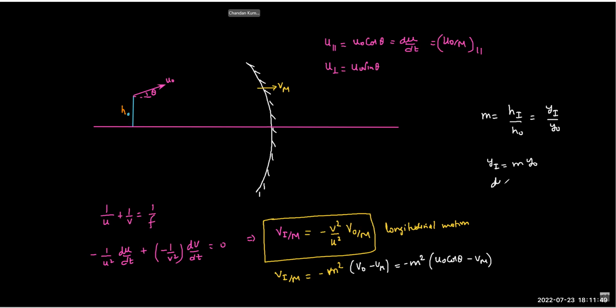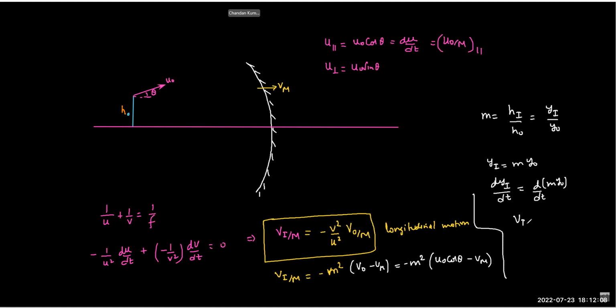So to get the transverse component of velocity of image, you have to differentiate m into y naught. And m is definitely not going to be constant. So m itself is variable. That is what we need to realize.